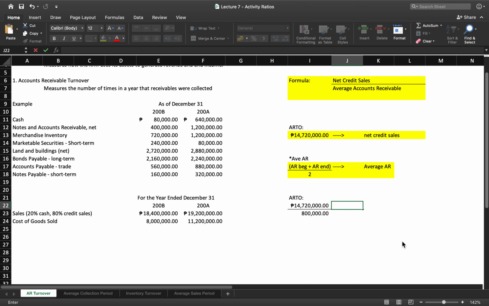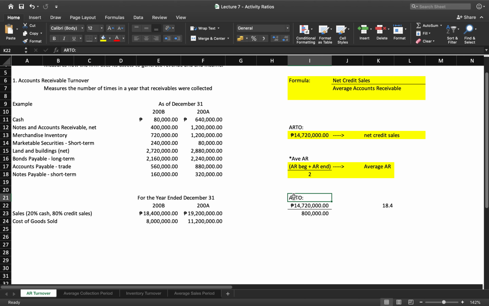So, let us now solve for R2, or the accounts receivable turnover. So, 14,720,000 divided by 800,000 would be 18.4 times. So, 18.4 times in a year, we were able to collect our receivable.